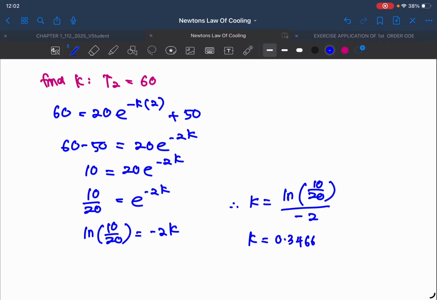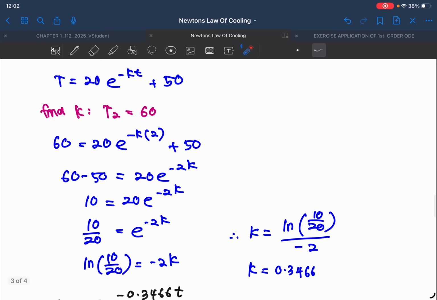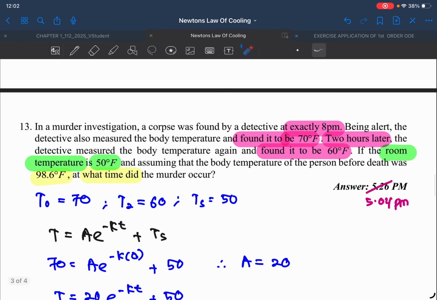Substitute back to the position of k. You will have T is equal to 20e^(-0.3466t) plus 50. Now we want to know the exact time the person died, which is by using the normal temperature.